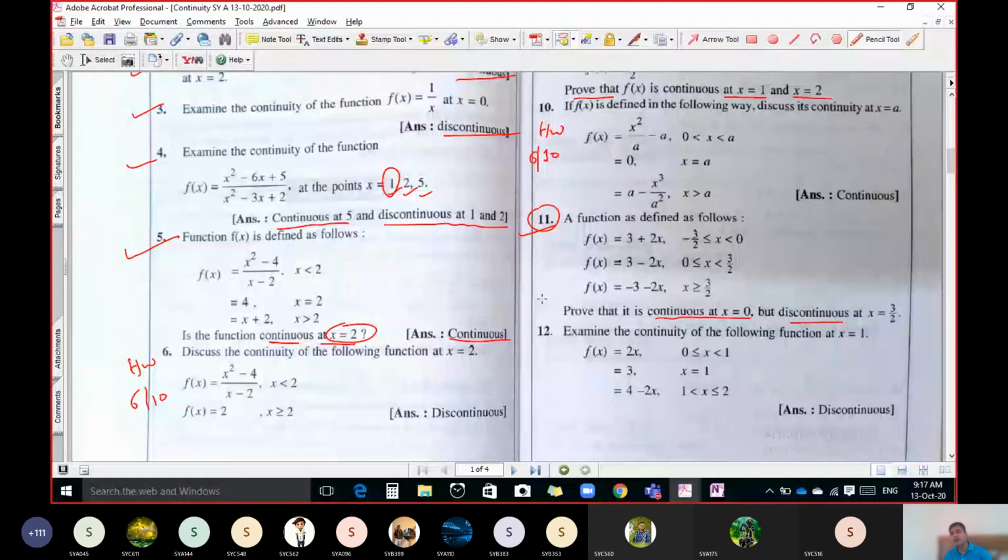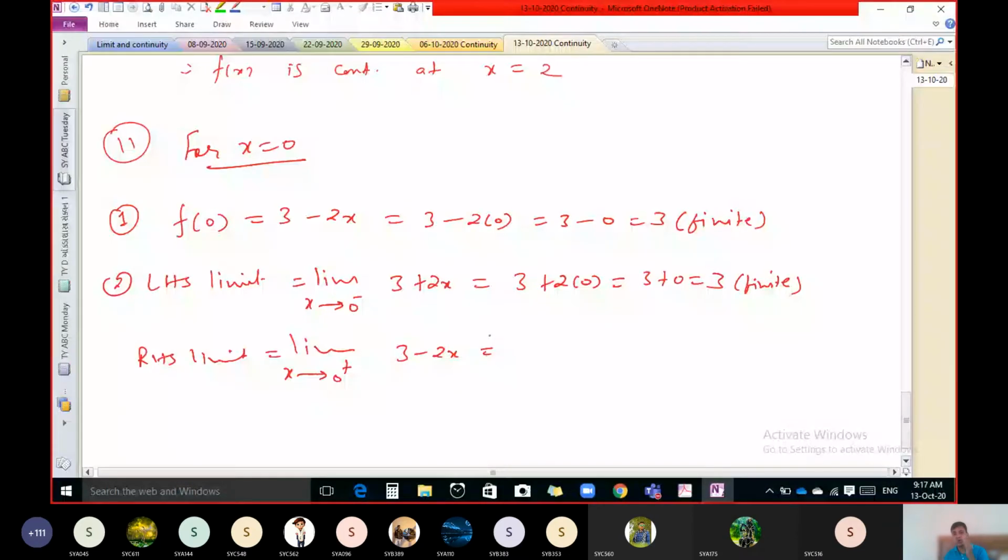No, the first is applicable when less than 0. Second one, 3 minus 2x, because 0 plus means more than 0. The first one is for less than 0. 3 minus 0 is 3. This is also finite.